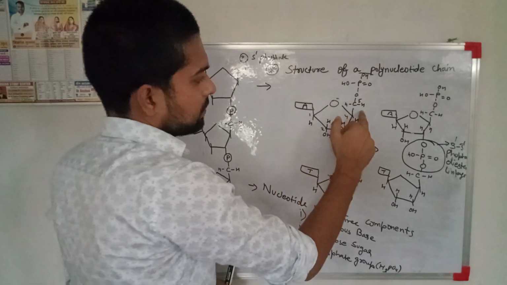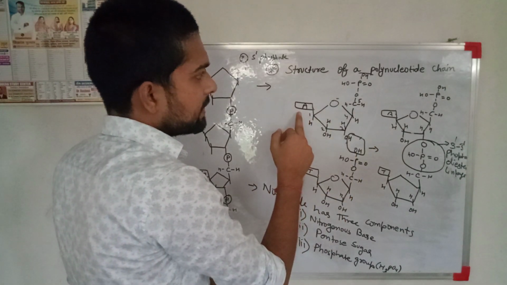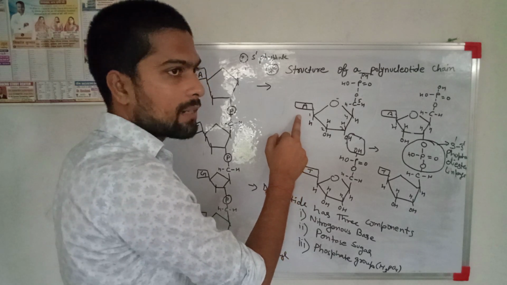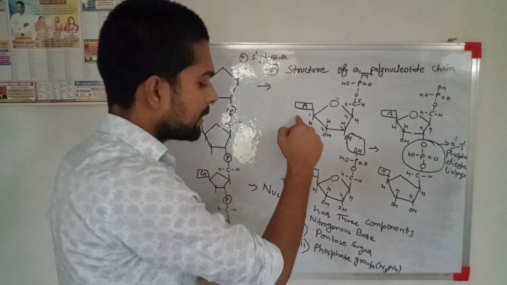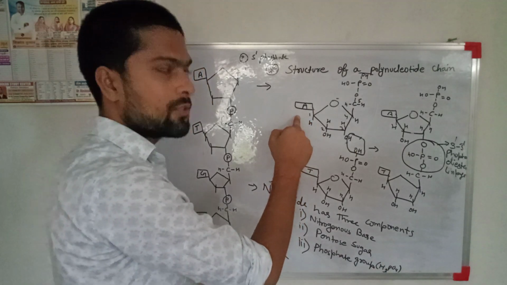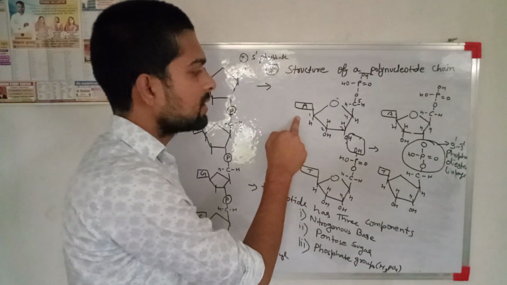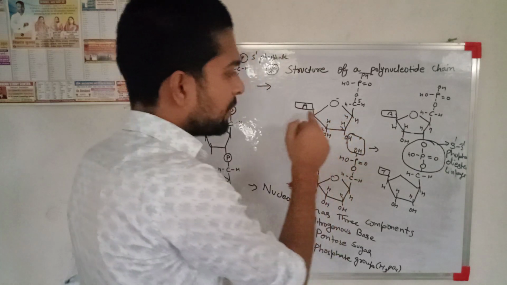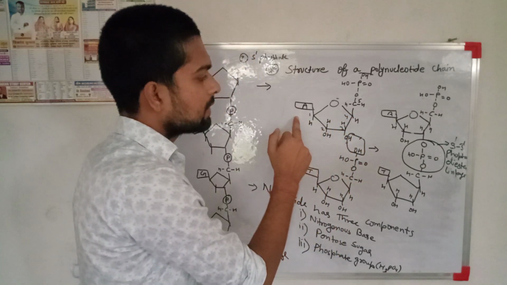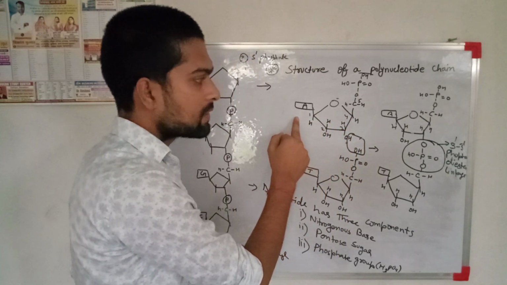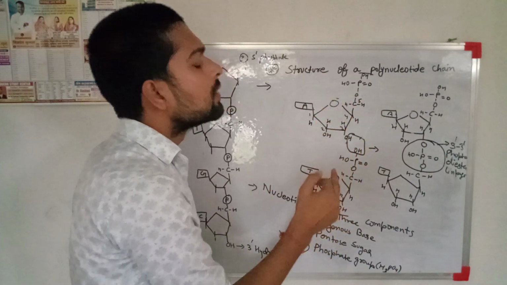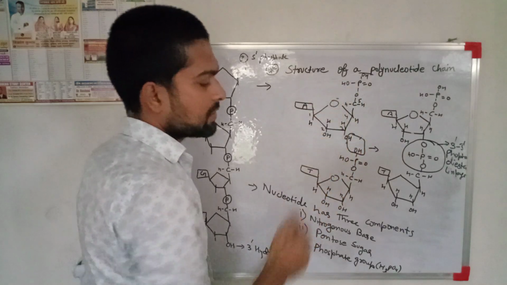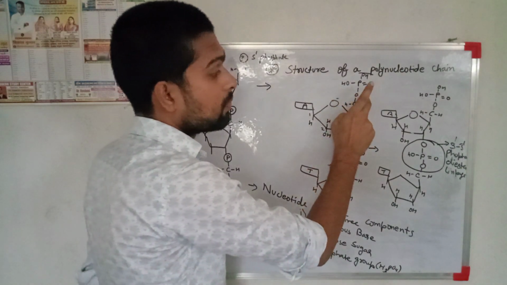The nitrogenous base, for example adenine, is always attached to the first carbon of the ribose or pentose sugar. And at the fifth carbon of the pentose sugar, the phosphate group is attached with the hydroxyl group of the fifth carbon.